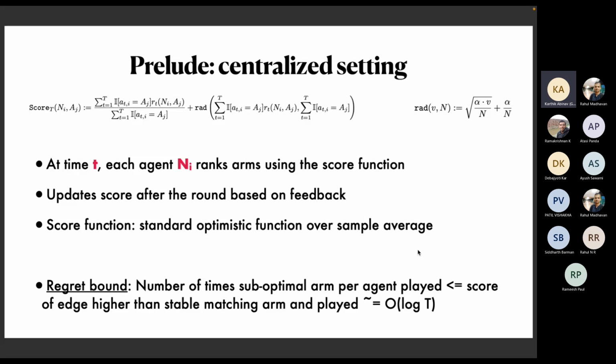The minimum difference between any pair of edges' mean rewards is the gap. The regret bound here depends on 1 over gap squared, compared to the typical bandit algorithm where the dependence is 1 over gap. I'll show that this is also the best possible bound, because the lower bound is also 1 over gap squared. I've hidden all of this to keep it clean.